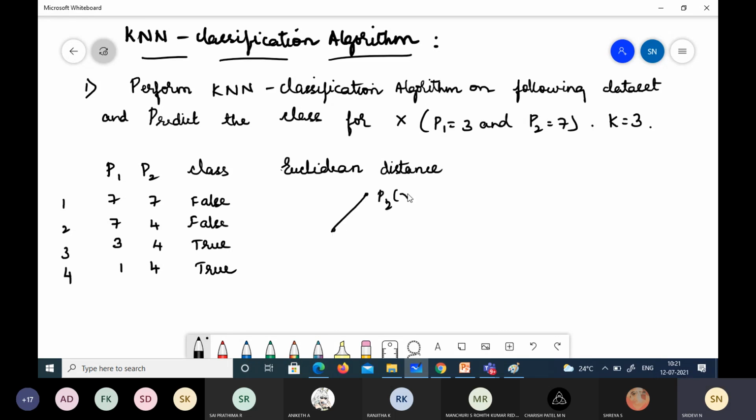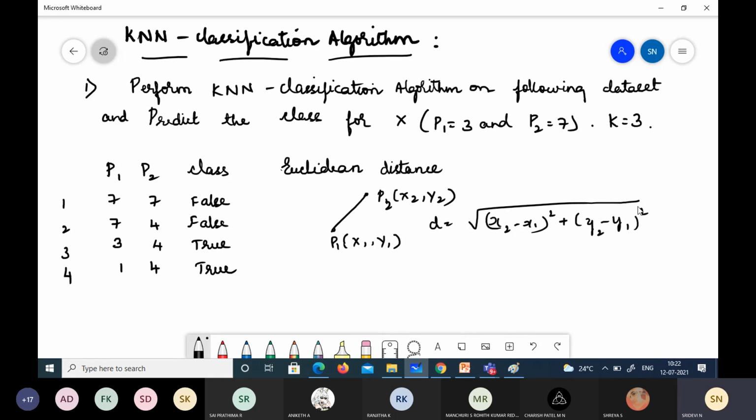So if this is P2 and if this is P1, then the distance is nothing but x2 minus x1 whole square plus y2 minus y1 whole square, isn't it?